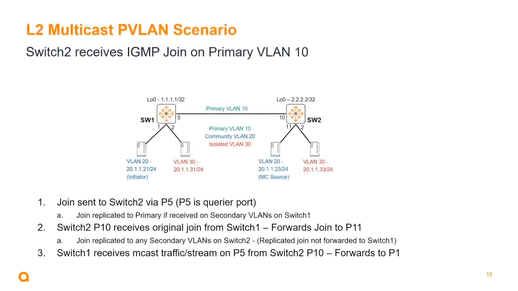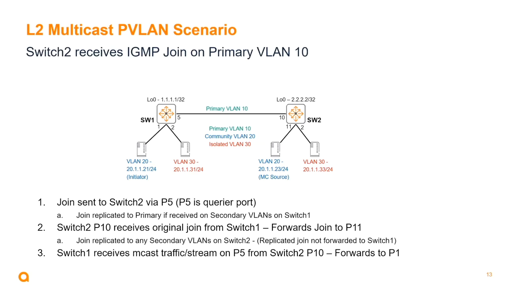Wanted to give a few scenario examples. So here's a layer 2 multicast PVLAN scenario where switch 2 is going to receive this IGMP join on the primary VLAN. That join is going to be sent to switch 2 via port 5, which is going to be the query port on switch 1. And of course, that join is going to be replicated to the primary if it's received on a secondary VLAN.